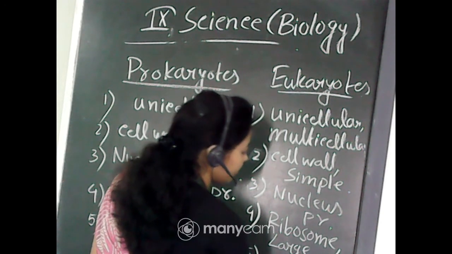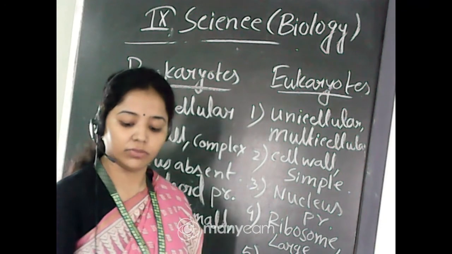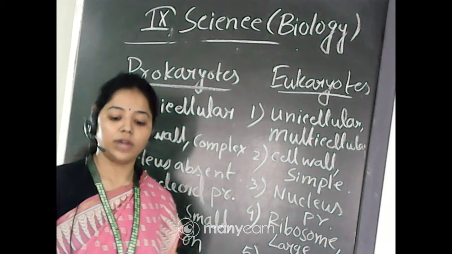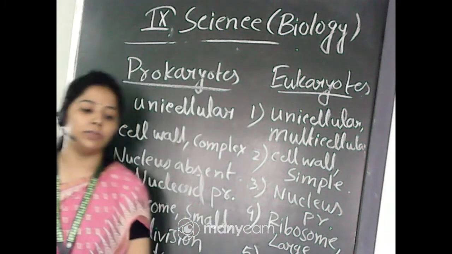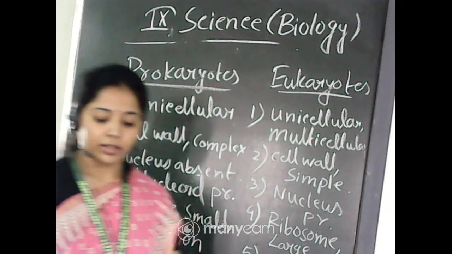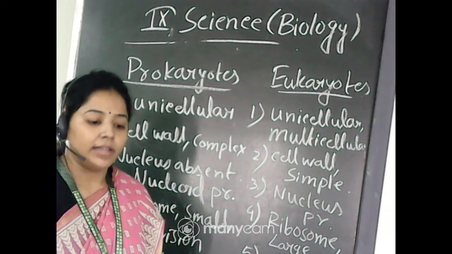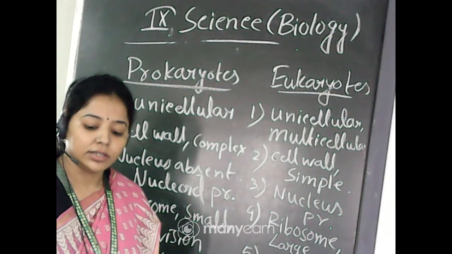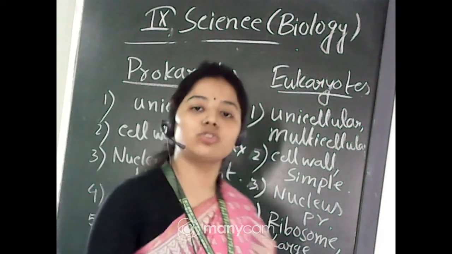Mitosis is a type of cell division where two identical copies of each chromosome are produced. Mitosis occurs only in our body cells or somatic cells.